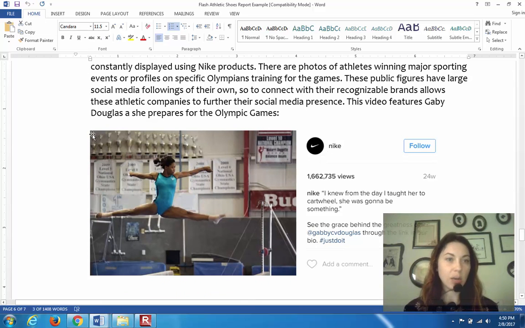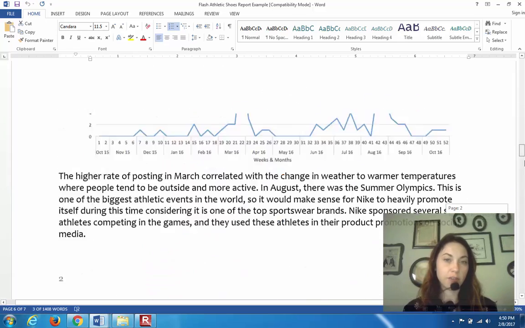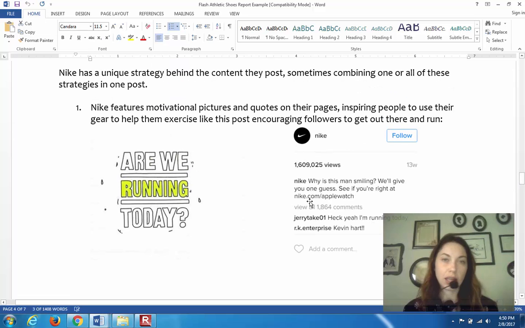Okay? Now, if someone cropped this out and didn't say where they got it, and they were like, look at this great picture I took of Gabby Douglas, that is stealing and would be a copyright violation. But the way that this person is using visuals for educational purposes, they've done enough citation in this report.